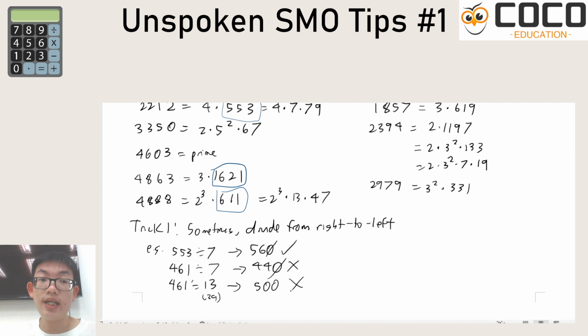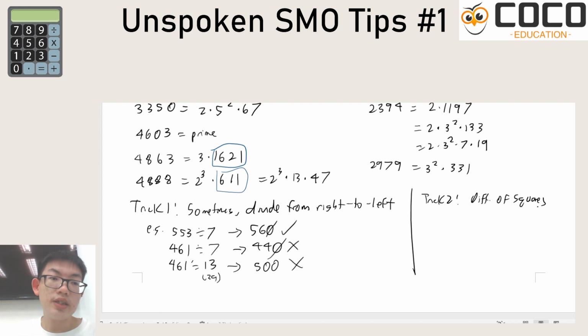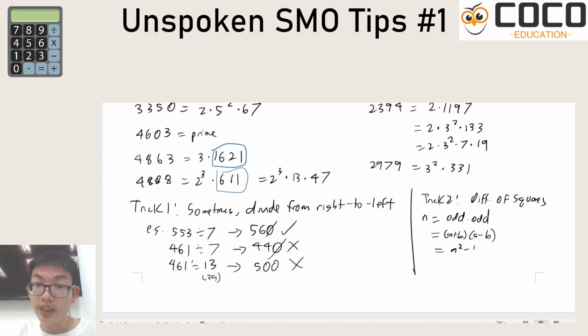The other thing that I like to do is to test using difference of squares. Now, I mentioned the identities a bit earlier, but that's another thing that we have to mention. If you suspect that there are just two big prime factors, what you can do is that if you think that a number n is equal to something odd times odd, it would be possible to write that as a sum times a difference, which is a squared minus b squared.